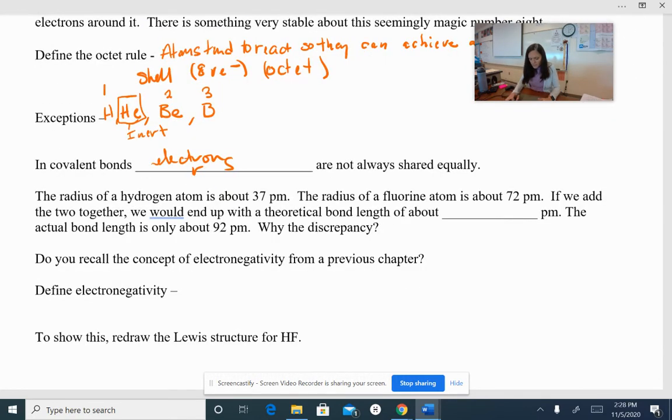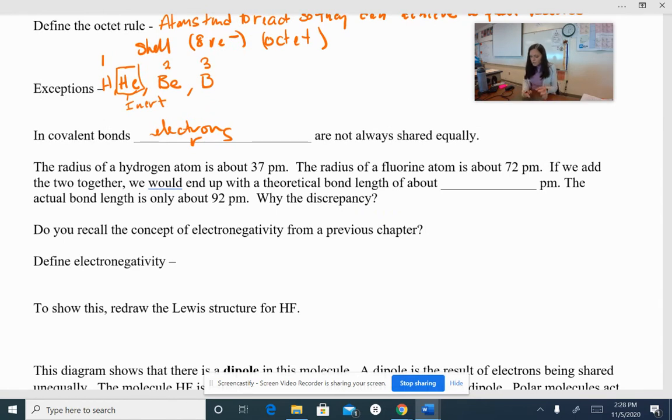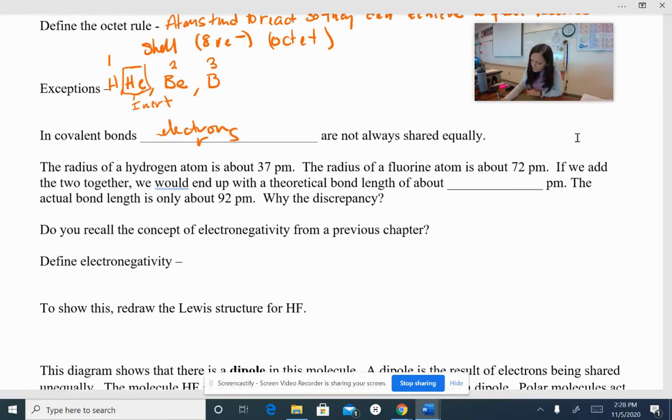The radius of a hydrogen atom is about 37 picometers. The radius of a fluorine atom is about 72 picometers. So we would think that if we made a hydrogen fluoride molecule, we would just add those 2 numbers together. So let's see, 72 plus 37. Let's do the math here.